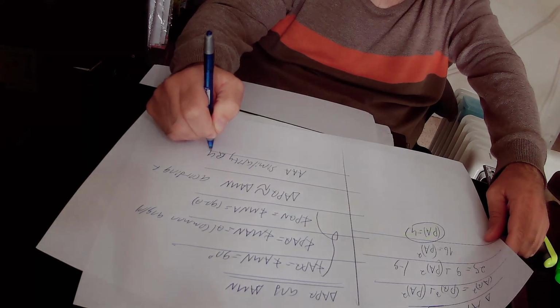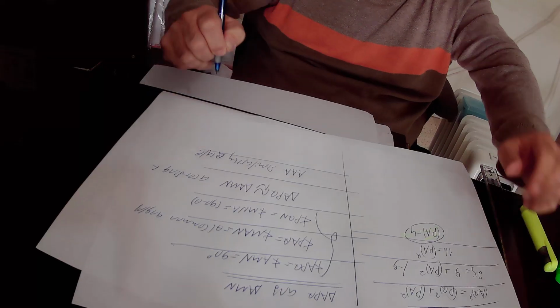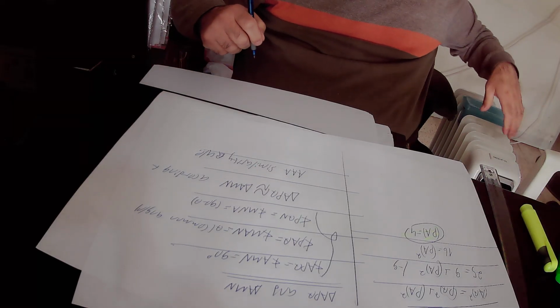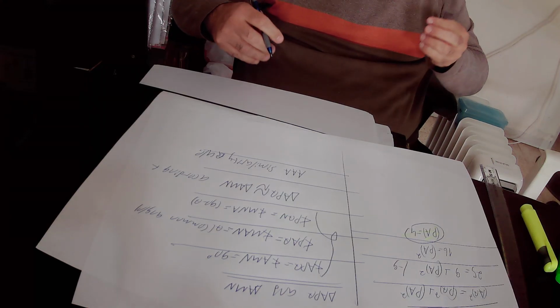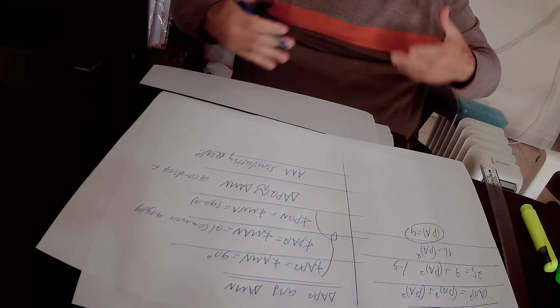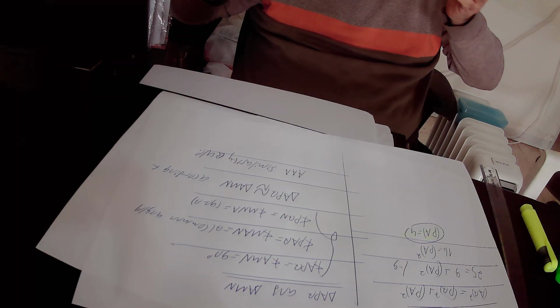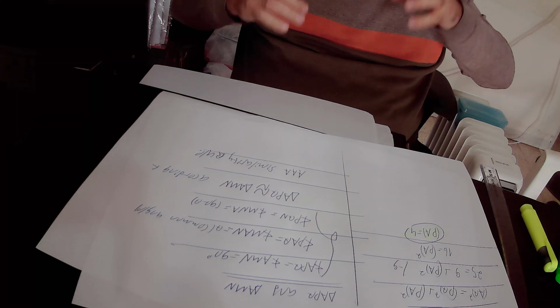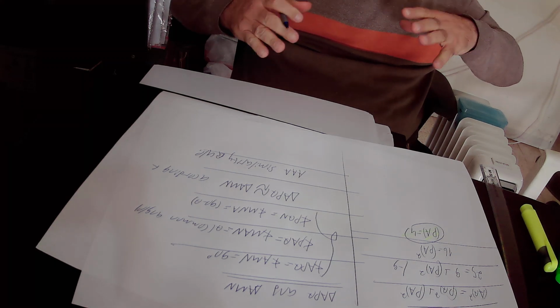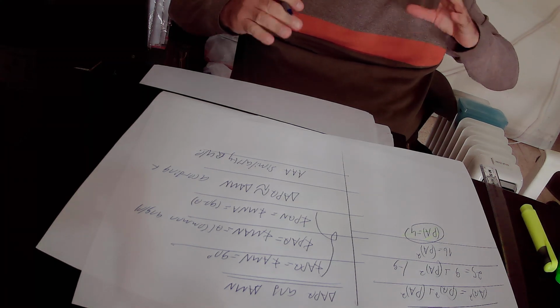So what is the angle similarity rule? The angle similarity rule means that if you prove that all three angles in one triangle are correspondingly equal to all three angles in another triangle, then you proved that the two triangles are similar to each other according to the angle similarity rule.